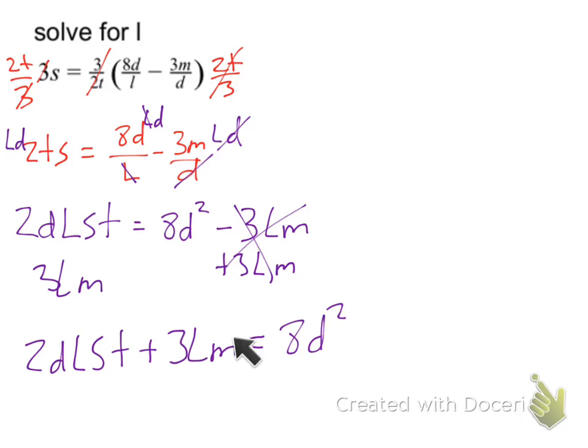Look, there's an L in both of these. So I can take an L out. So if I take an L out, what's left? 2DST plus 3M. It's a little bit larger.